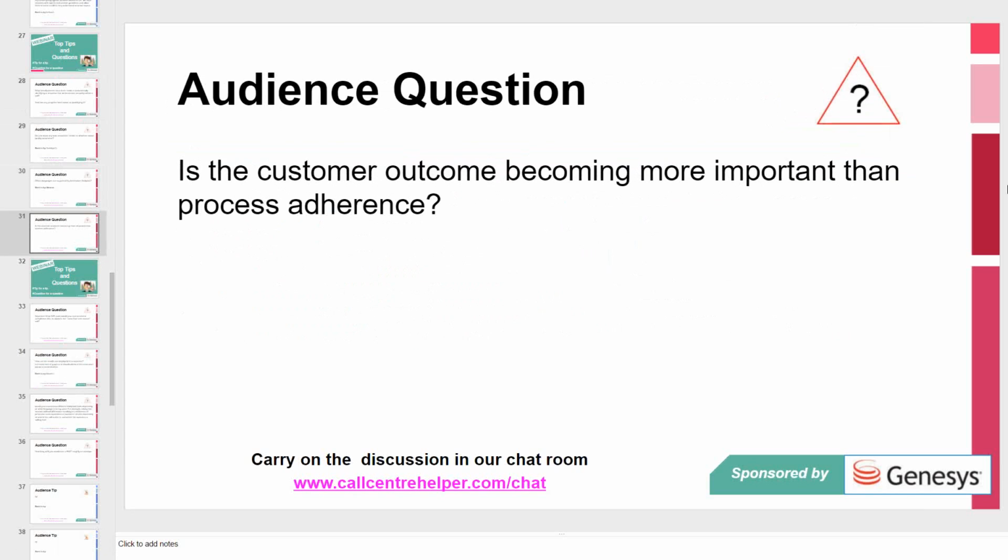Yeah, I think so. Certainly the analytics helps in doing process adherence, particularly if there are certain phrases that you have to say to a customer. But I think customer outcomes are becoming much more important. We're seeing quite dramatic trends in people throwing out average handling time as an agent target measure.